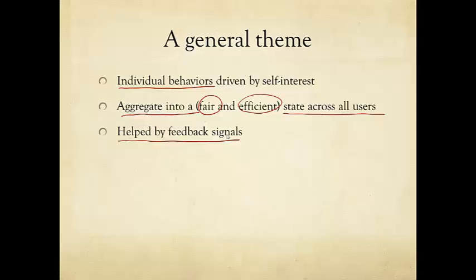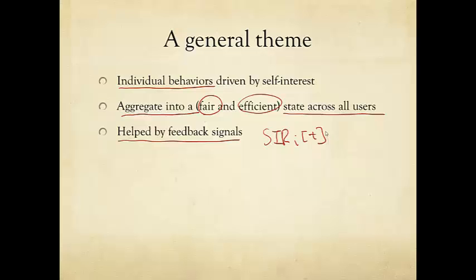Some of these feedback are explicit. Some narrow element tells you a specific action that you need to take. Sometimes they are implicit. You measure something, for example, the current SIR at time t, and then use that implicit feedback to adjust your own individual behavior in the next iteration.